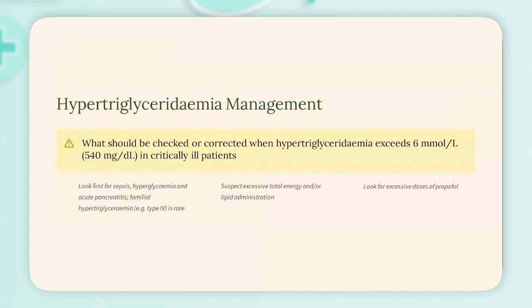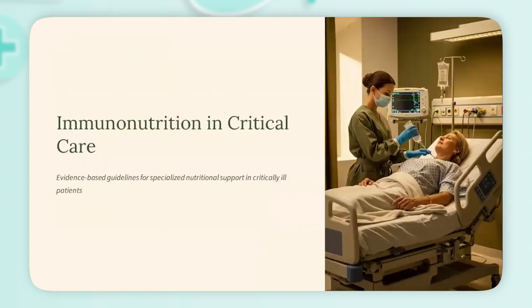The other complication is hypertriglyceridemia. We consider it when the triglyceride level is more than 540 milligram per deciliter in critically ill patients. It can happen when the patient is on propofol or TPN. In that case also, you have to titrate your parenteral nutrition dose.